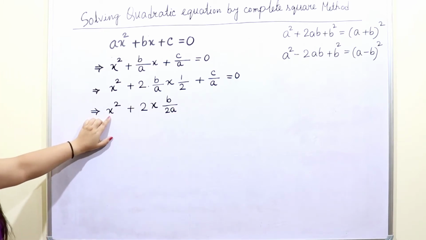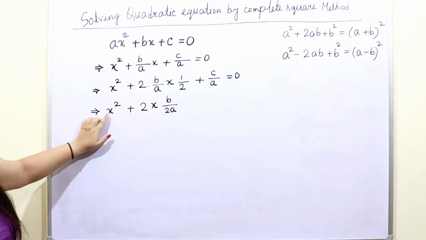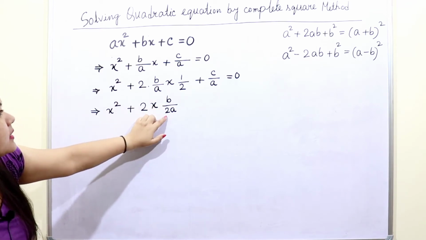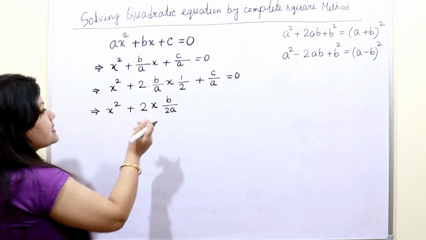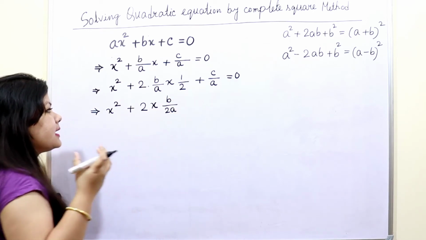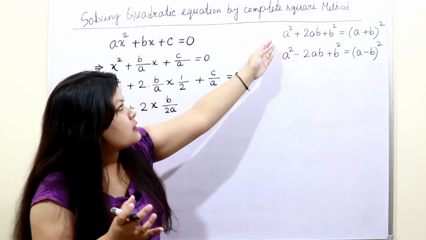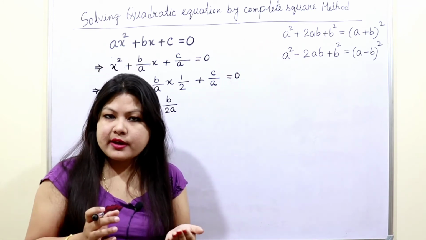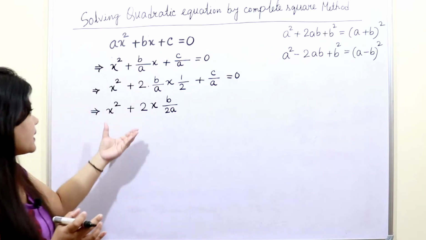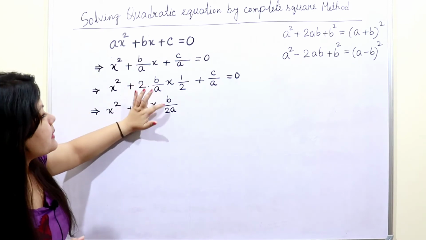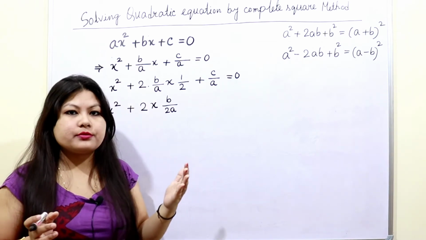Here x is the first term and b by 2a is the other term. In the formula a plus b whole square, these are two variables. But in this equation, x is one variable, then b by 2a is another variable.